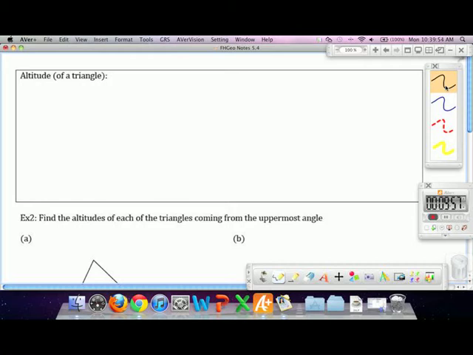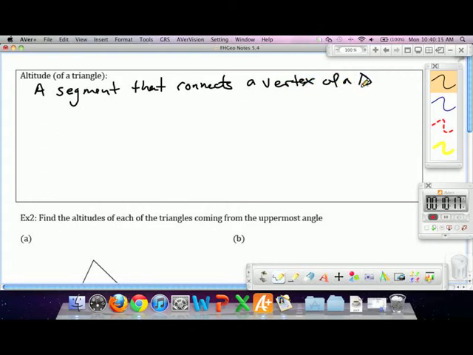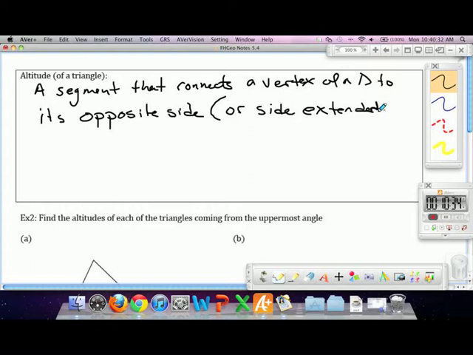An altitude is simply a segment that connects a vertex of a triangle to its opposite side, or side extended, at a right angle.